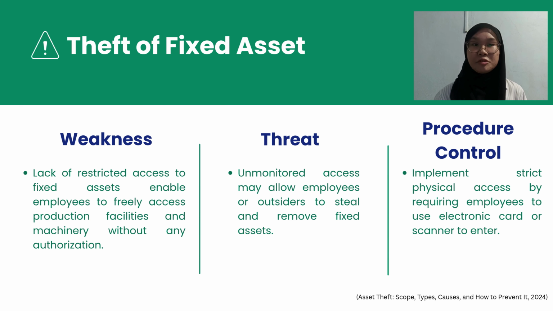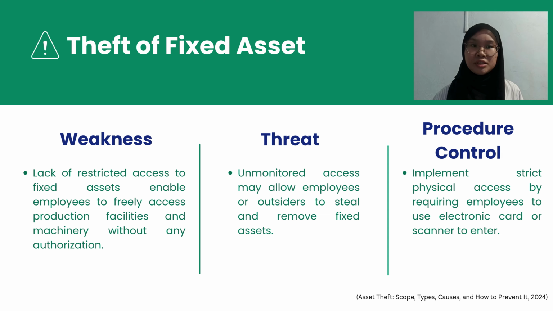So next is theft of fixed assets. The weakness identified is the lack of restricted access to fixed assets, where employees are able to enter the production facility and access machinery without proper authorization. This will increase the risk of theft because employees or even outsiders may gain access and remove fixed assets without being detected.